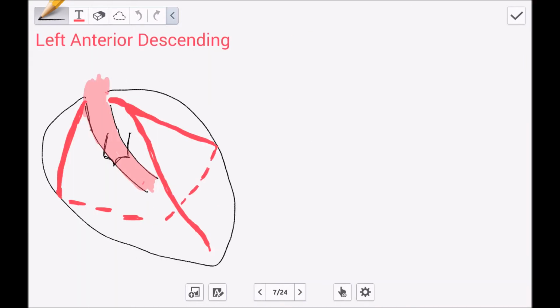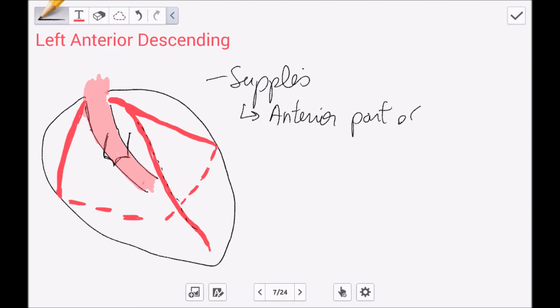So from the two, we're going to talk about now the left anterior descending, which is this part over here. Okay, this is one of the branches of the left main. It supplies the anterior part of the heart. It supplies about 2/3 of the septum.